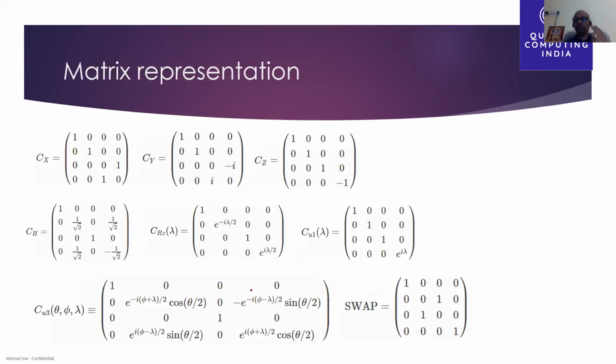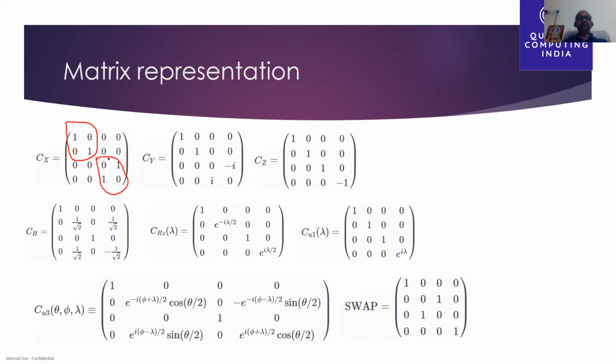Since these are 2 qubits, we need 2 by 2, which is 4 by 4 matrices. That's why we are seeing 4 by 4 matrices, right? So LSB, MSB. This portion is LSB, and this portion is MSB. We can't have only these two.